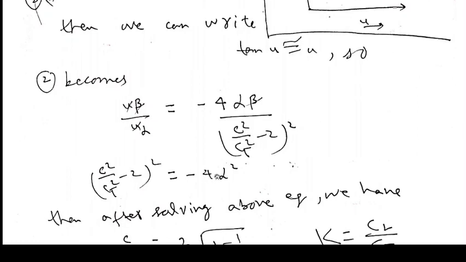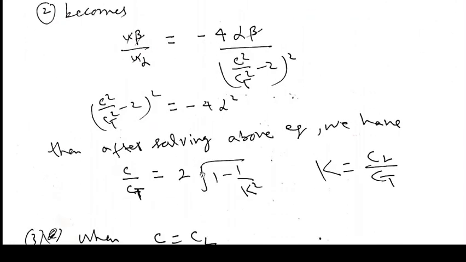When you solve this, you will have this value of C by CT, that this is kappa CL by CT. When u is very, very small, your value of phase speed is this one, and you need to obtain this from here. By solving this equation, you have to obtain this.